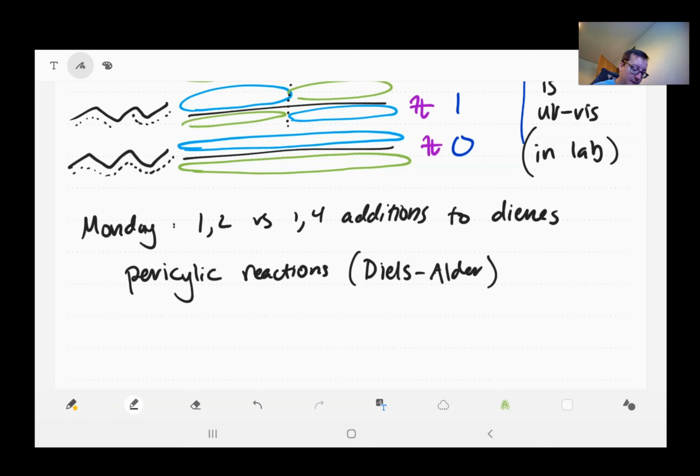So, we're going to see also kinetic versus thermodynamic control. Is that something you've talked about in 105? I've never taught 105 at GCC, so I don't know if that's covered there. Do you talk about kinetic products versus thermodynamic products? Maybe when you're talking about alkenes?